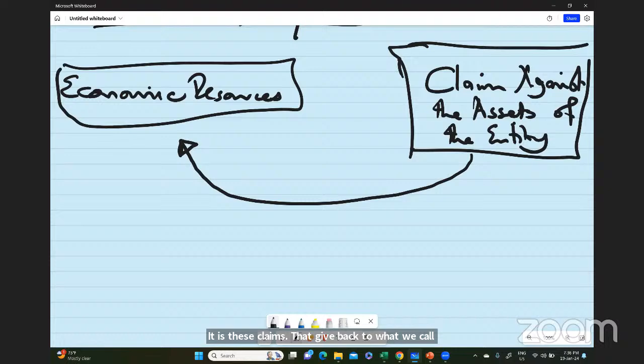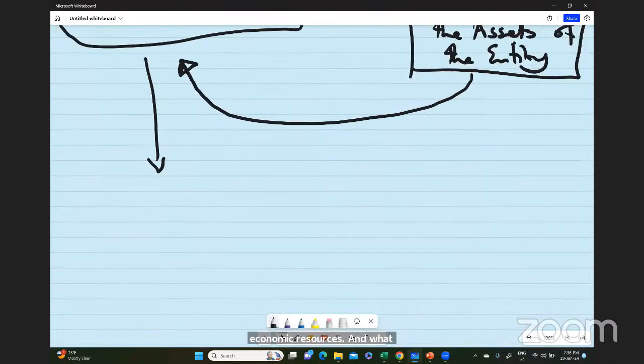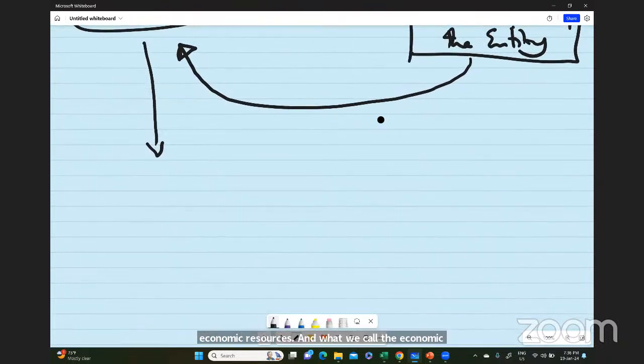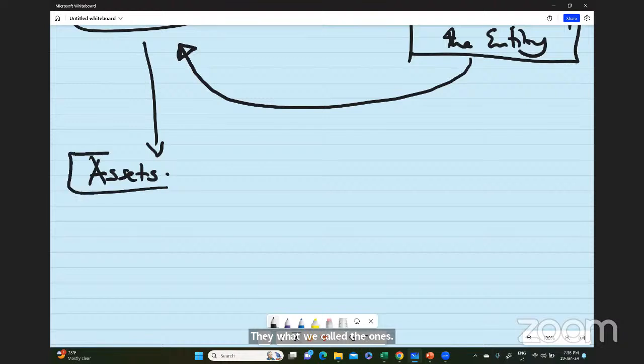And what we call the economic resources, they are what we called the assets, isn't it? Economic resources are assets.